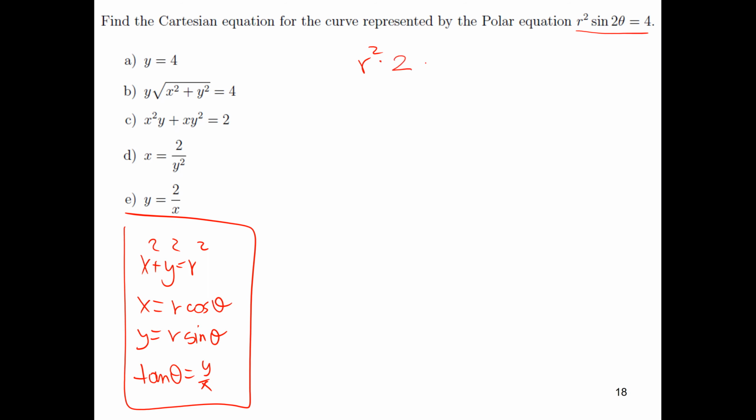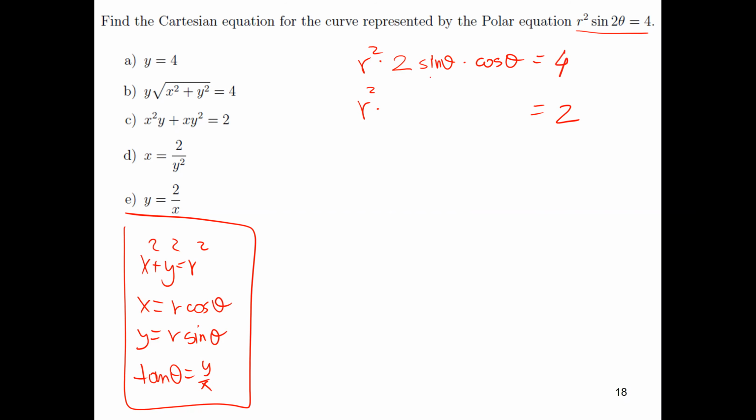I will write my formula, you can see the double angle: sine of 2 theta is 2 times sine times cosine. And what I can do, let me keep r squared for now. Actually, I can divide by 2, then this will become 2. Okay, I can actually keep it.